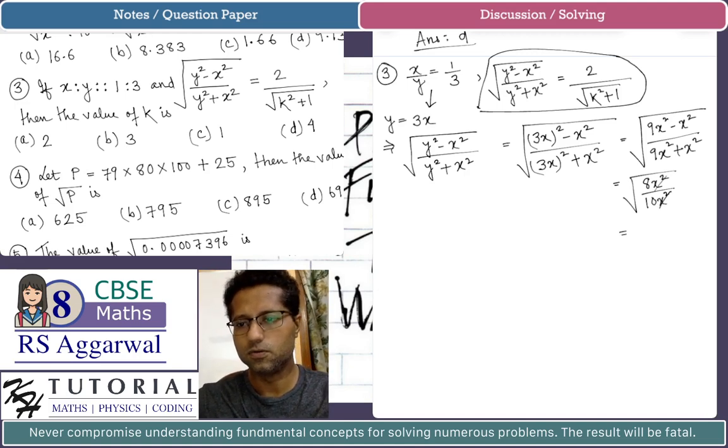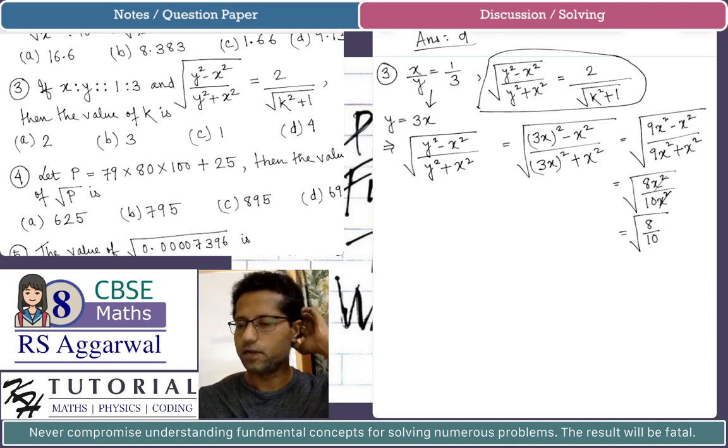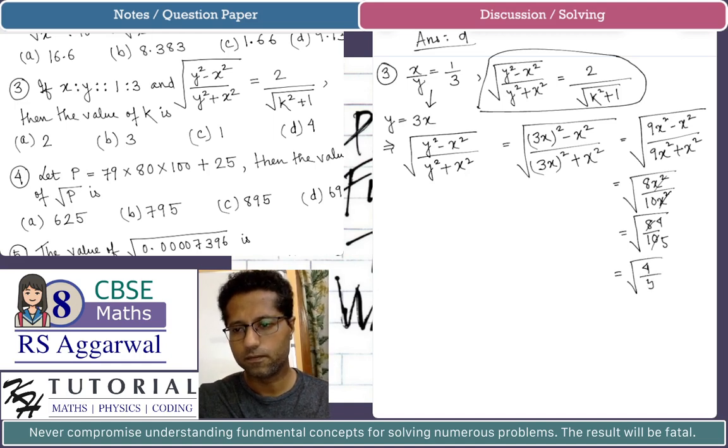This is equal to the square root of 8 by 10. If you simplify the fraction 8 by 10, it is 4 by 5. So this is equal to the square root of 4 by 5. Okay.